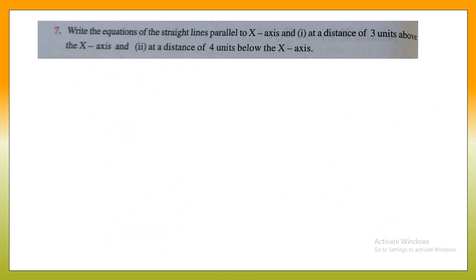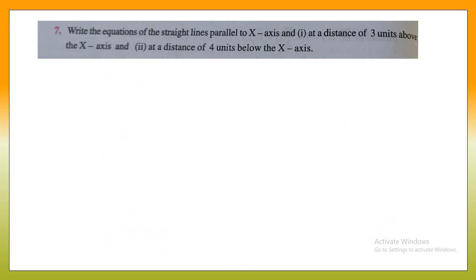Write the equation of the straight line parallel to x-axis and at a distance of 3 units above x-axis, and next at a distance of 4 units below x-axis. For this, first of all, we need to visualize how the figure will be.